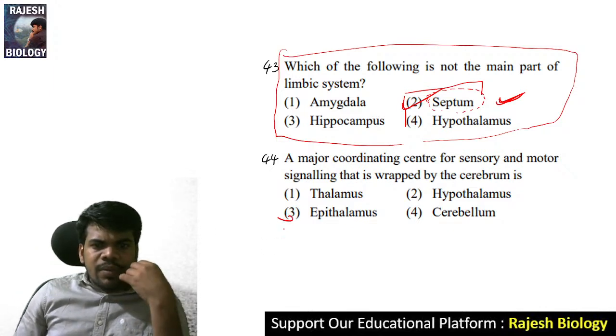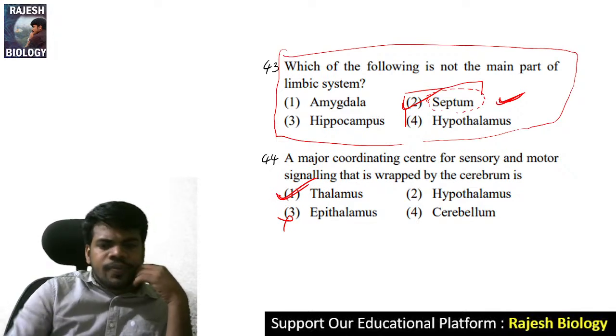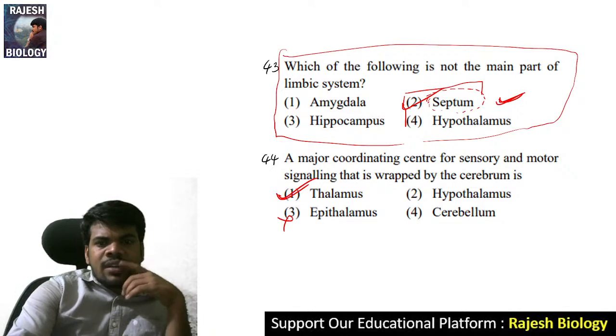It is not epithalamus, it is thalamus. Coordinating center, thalamus it is. 44, option 1. Thalamus is the coordinating center that is wrapped by the cerebrum.